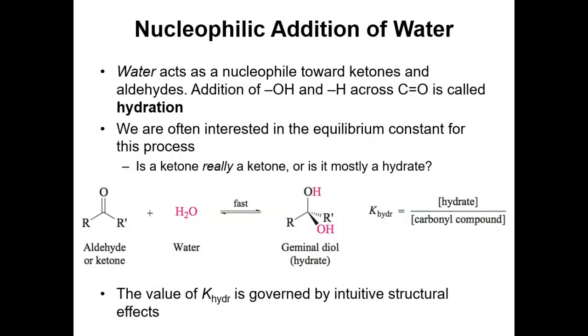When we look at the thermodynamic aspect, it pretty much boils down to this: if you are given, say, an acetone solution in water, is the acetone mostly existing in the acetone form, or mostly existing in the geminal diol form?